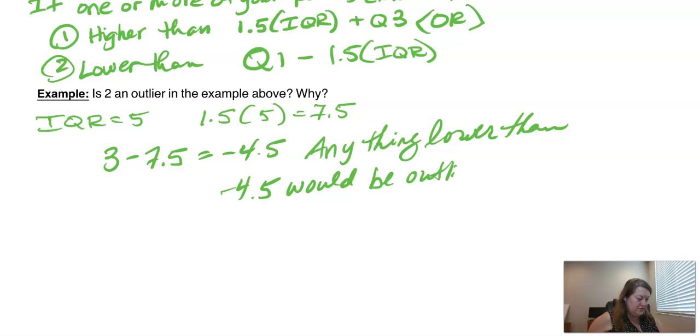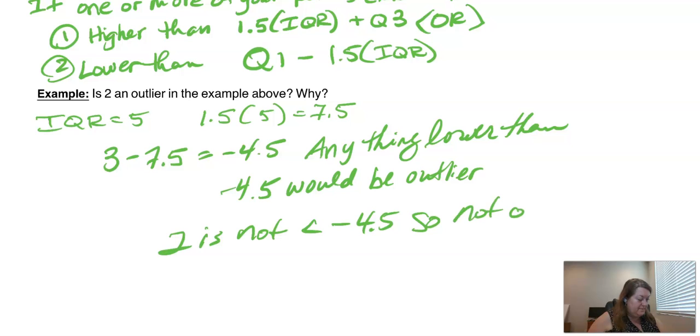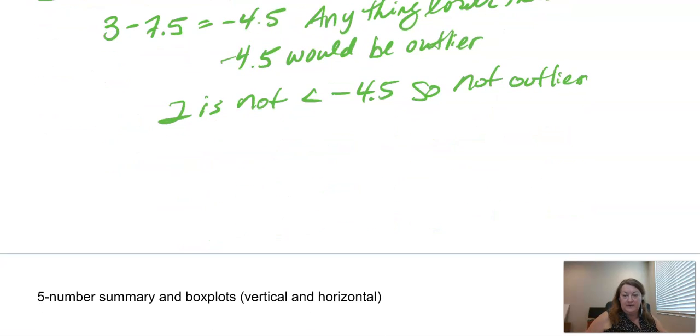Does 2 make it past the border? No, so this is not an outlier. 2 is not less than negative 4.5. You can imagine it's almost like an imaginary wall, and anything past it on either side would be called an outlier. So 2 is not an outlier.